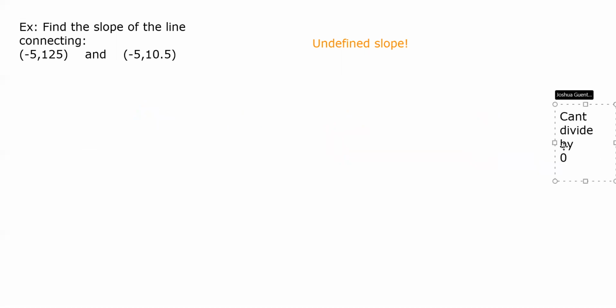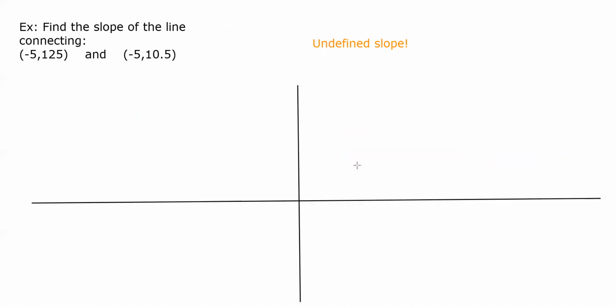But at the end of the day, when you graph it, now you have 2 points. Those 2 points are going to be -5, 125, so maybe that's way up here, and -5, 10.5, maybe that's down here.